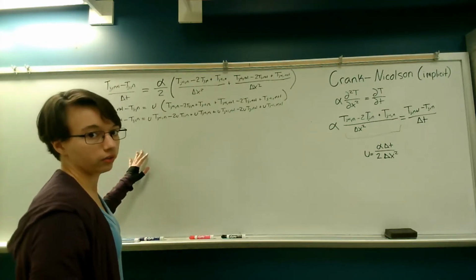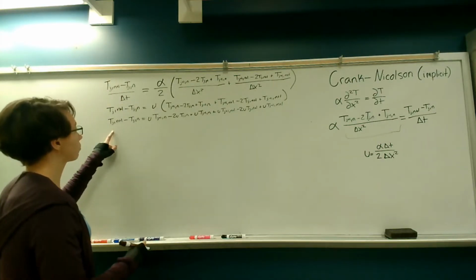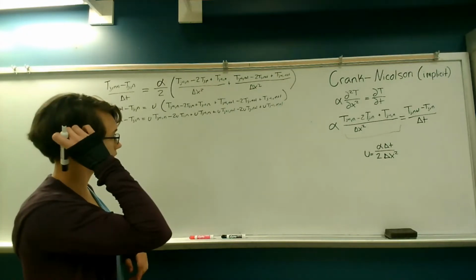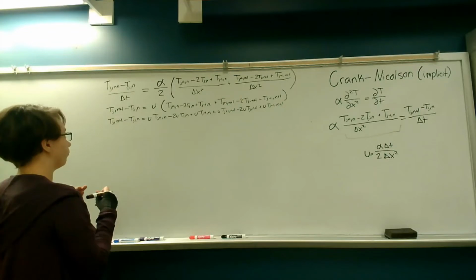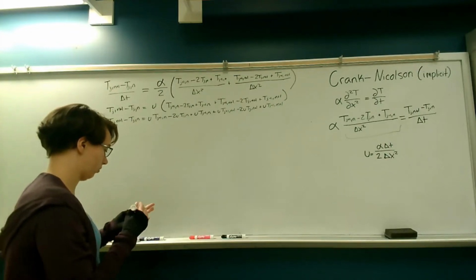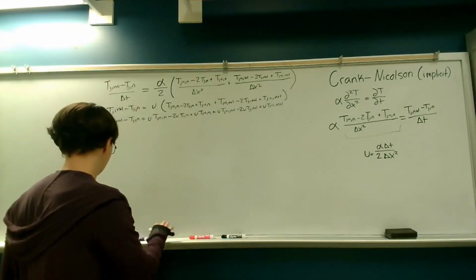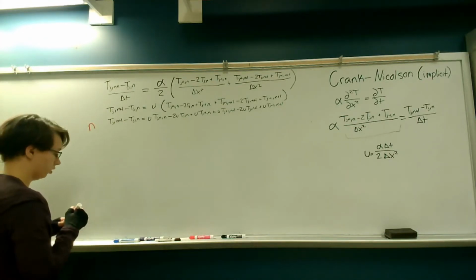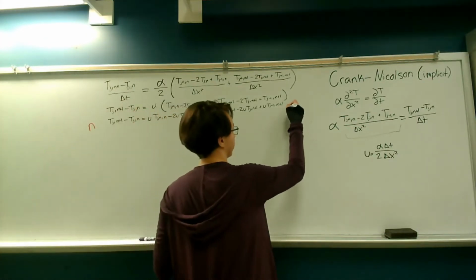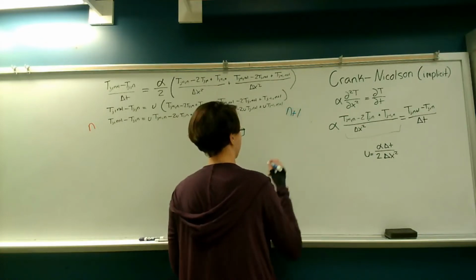next thing we're going to want to do is split these into two sides. So we're going to put everything that is n over here. So we're going to put all the n terms over here. And we're going to put all the n plus 1 terms over on this side.